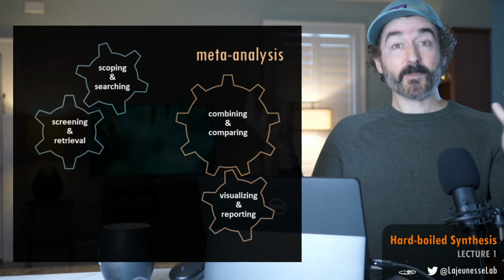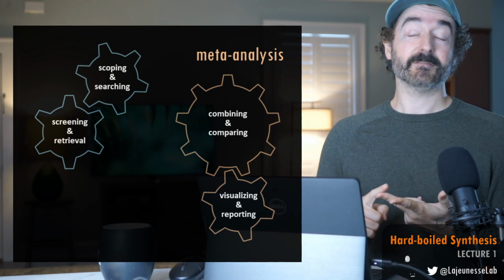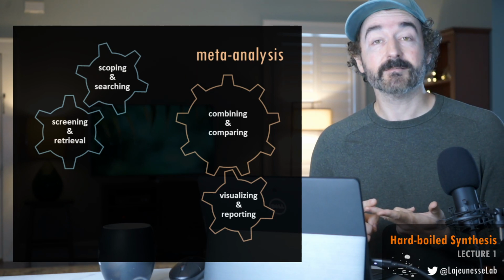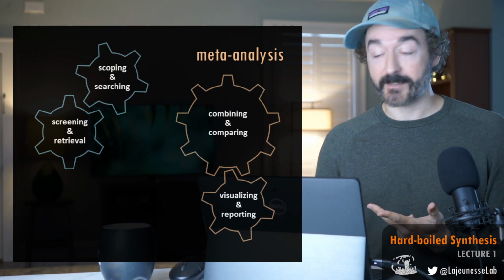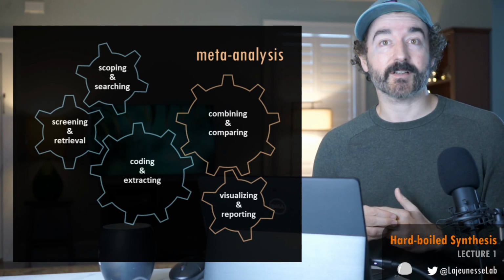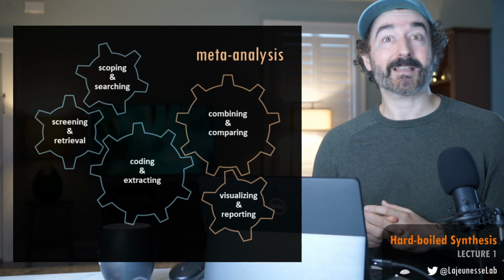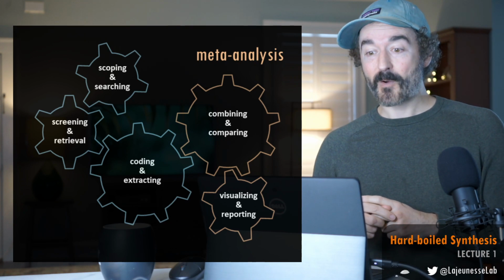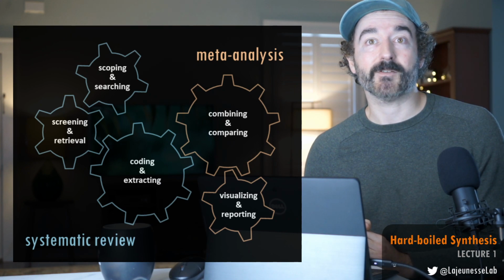And then when you find studies, you need to screen them. You need to find the full text so that you could further screen them by actually reading the study. And then you code details about each study and you pull out numerical values important for meta-analysis. And so all these stages typically fall under a systematic review.